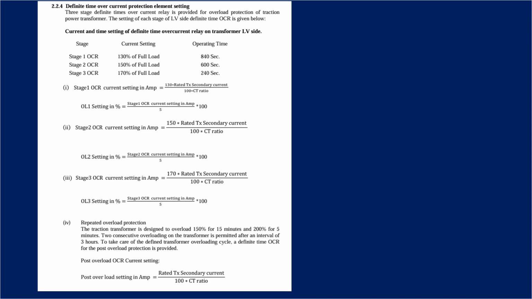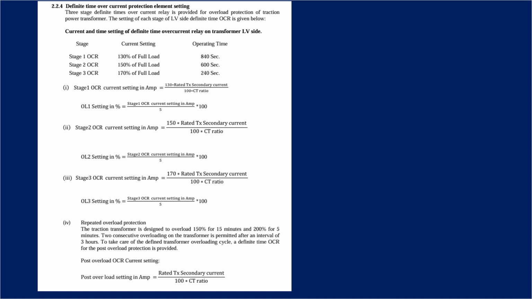The same thing applies here, but for the repeated overload, the rated load current of the secondary has been taken, that means 100% of the rated load current, and you set it accordingly. Okay.